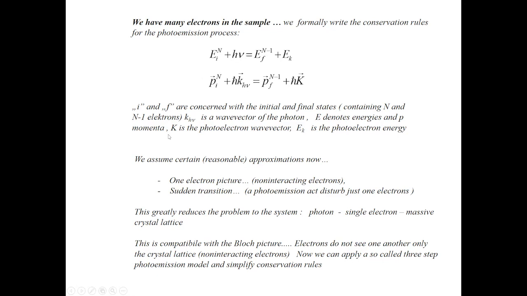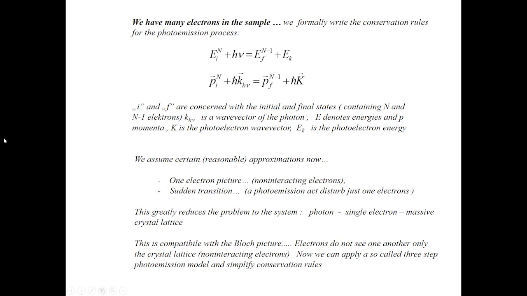And then we assume at the beginning certain reasonable approximations. So that these electrons are non-interacting. That means they interact with the lattice only, and the electron-electron interaction is not important, or it goes through the lattice only.